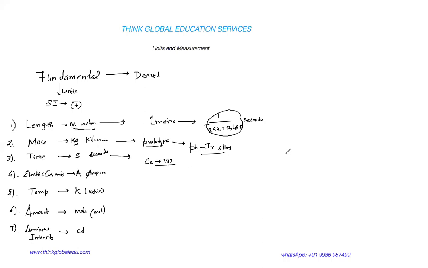Atoms have various energy levels, and when electrons travel from one energy level to another, they radiate some energy in the form of radiations. Each radiation has a time period of repetition of certain characteristics. The time duration of a particular cycle of this radiation is defined as 1 second.